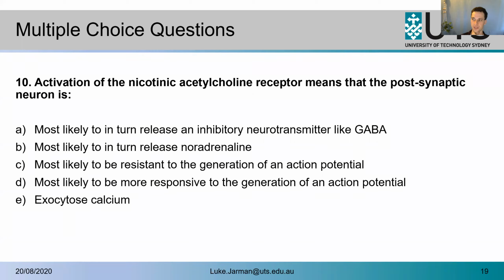Another way of thinking about this is to think of nicotine in cigarettes. Cigarettes cause an increase in heart rate, can cause an increase in blood pressure, because nicotine is a stimulant. So activation of nicotine receptors is stimulatory, yeah? So we'll reason that far. Maybe keep that in the back of your head while you're reading these answers.